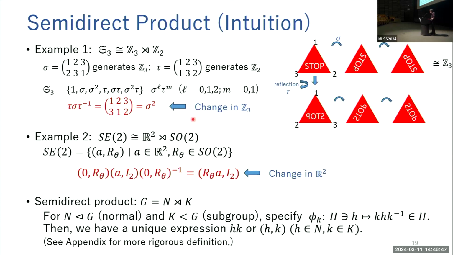And we can see that if we apply tau inverse sigma tau, this becomes sigma squared, the multiplication of sigma twice.